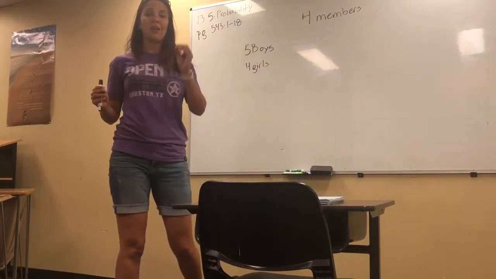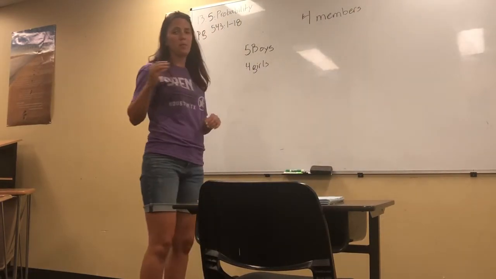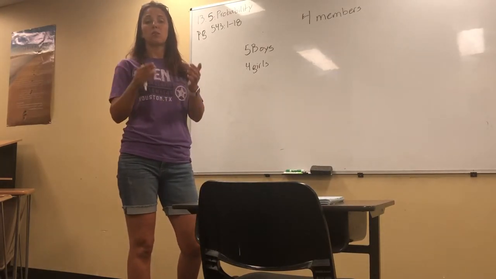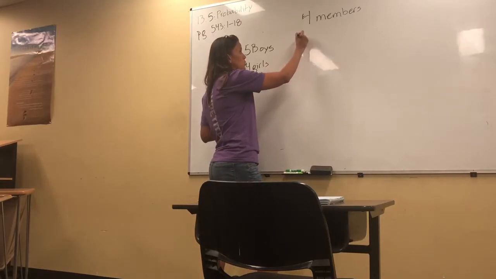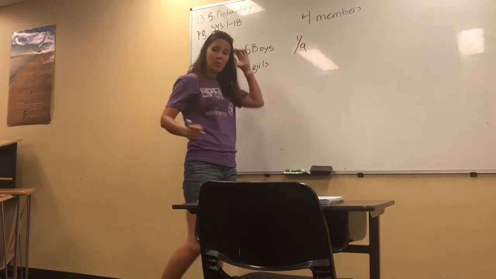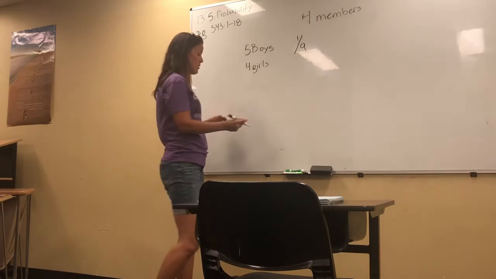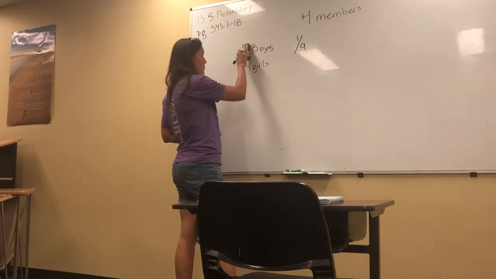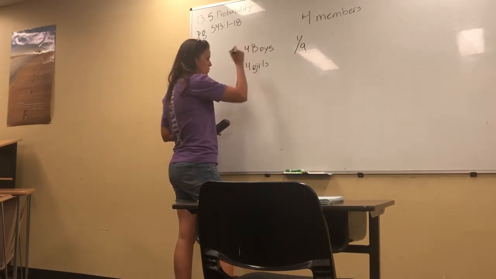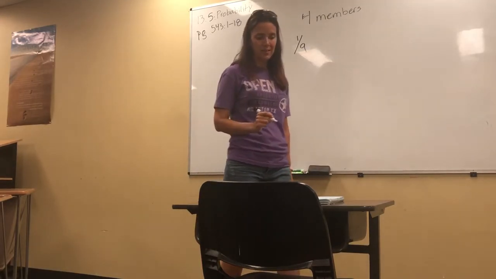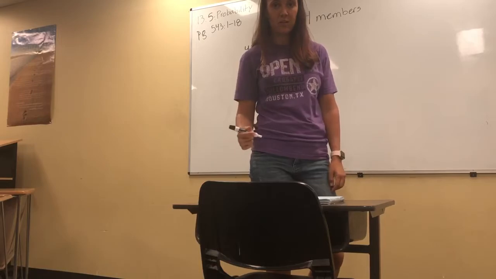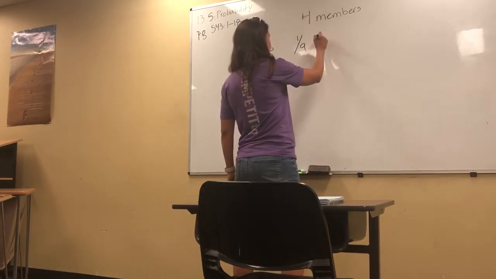First event, we have 9 members. What's the probability that we're going to select a boy? Again, we're just picking it from a hat. So the probability is 5 out of 9, right? That we drew a boy. Well, now we're down, if that happened, to 4 boys and 4 girls. So what's the probability that my second event is also going to lead to a boy?